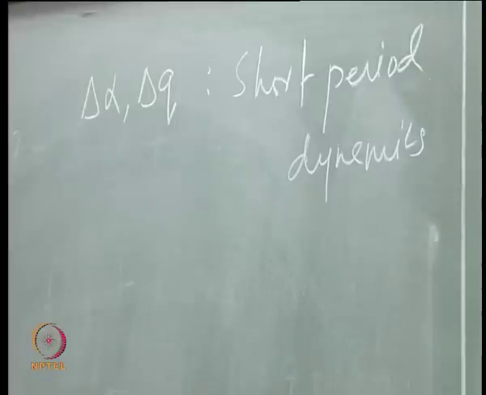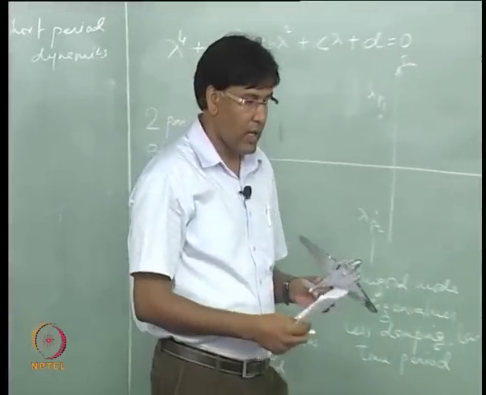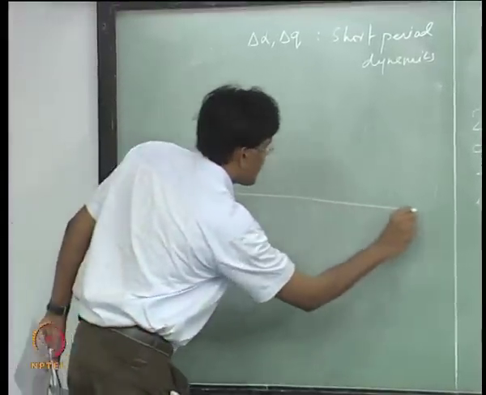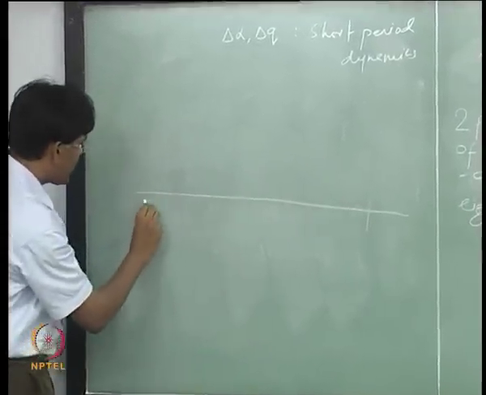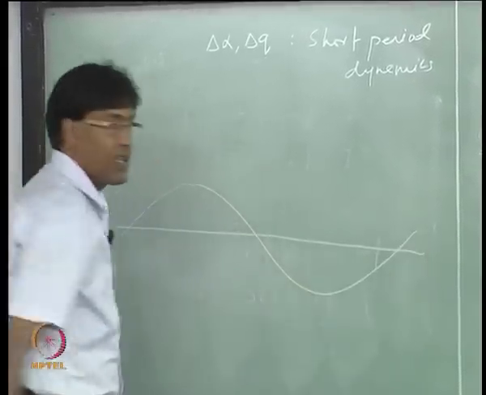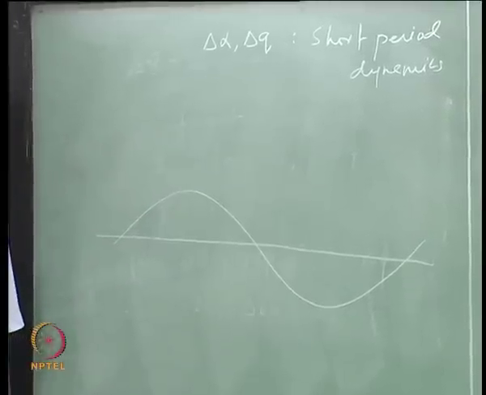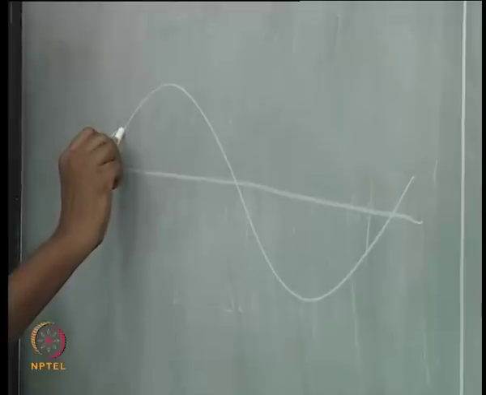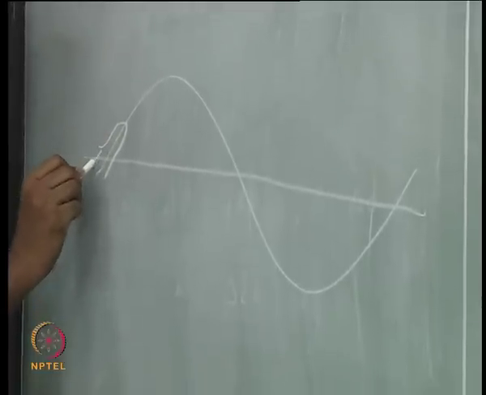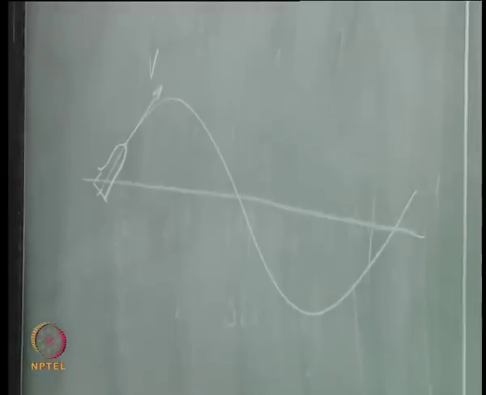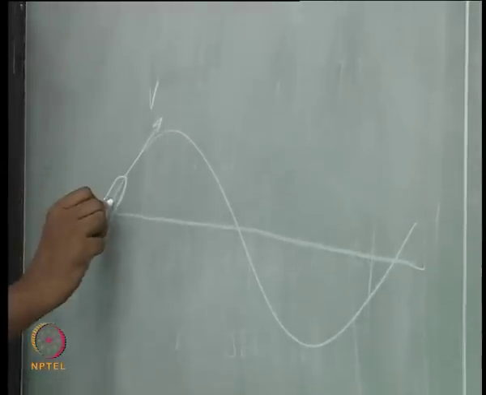The long period dynamics, or the phugoid, is the motion where the aircraft seems to be following this sinusoidal curve. So, this is the velocity vector at any point.